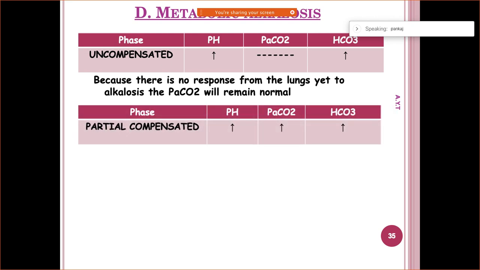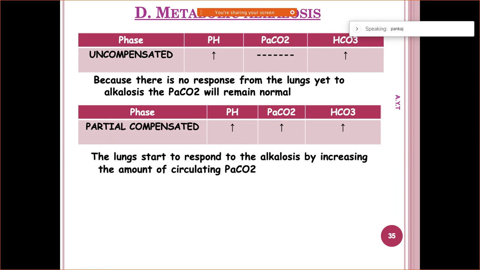Wonderful. Okay, so in the partial compensated stage, sir, pH is increased, and that means it's alkalosis still. HCO3 is also increased. That means it's a metabolic alkalosis. In response to the alkalosis, the lung responded and causes the PaCO2 to increase.